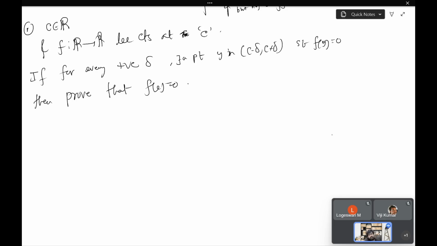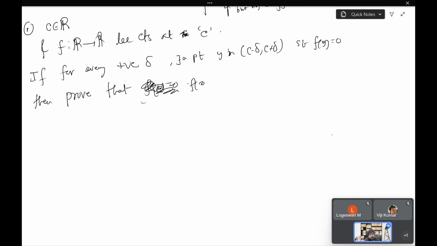So this exercise tells that f is continuous at c, and suppose for any delta greater than 0, that is in any small neighborhood around c, we always get a point y such that f(y) is equal to 0. Then we show that f(c) is equal to 0. So how to do it?